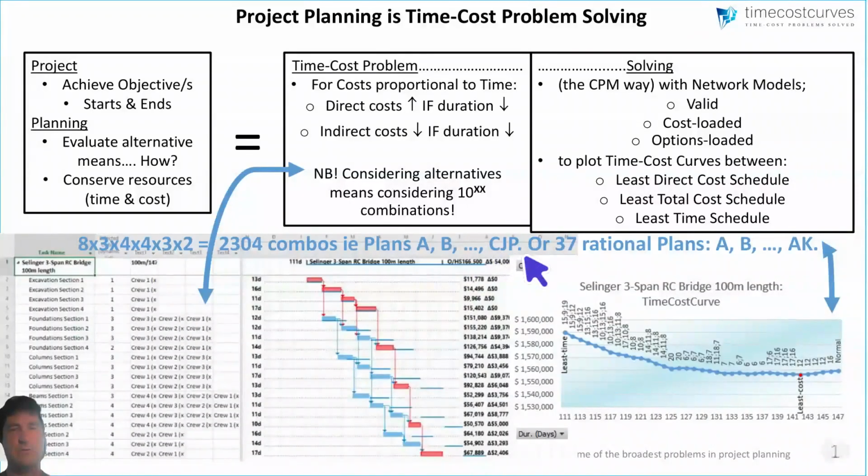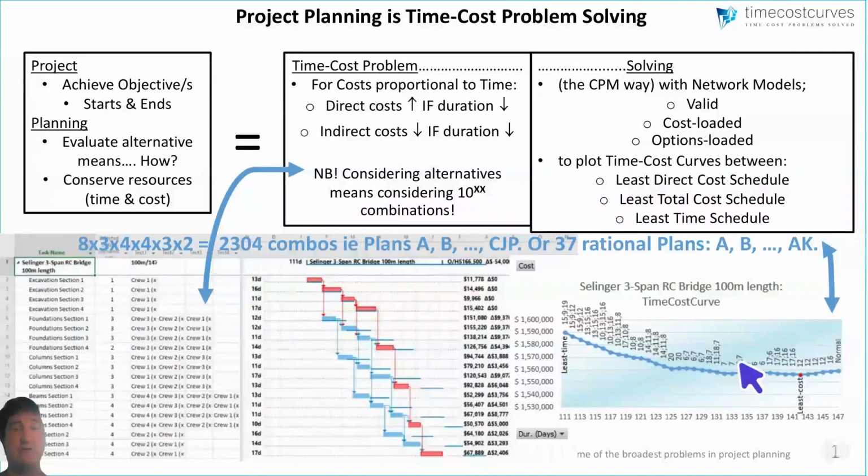By solving the time cost problem, you end up with a time cost curve, which entails 37 rational plans. So we've gone from 2,304 to 37 that we logically should consider. Not all of them, 37.